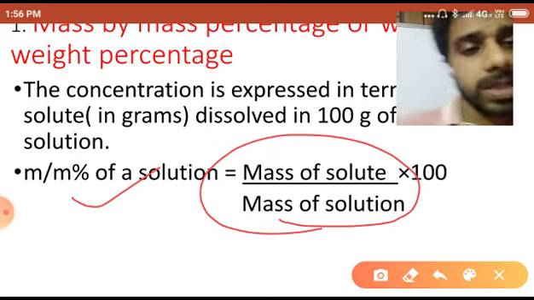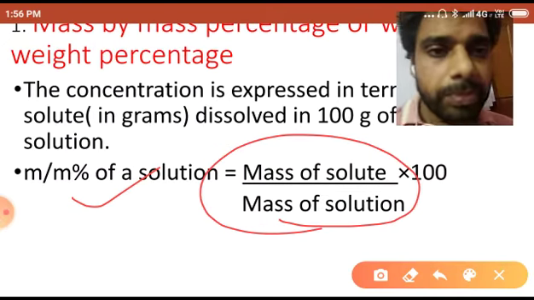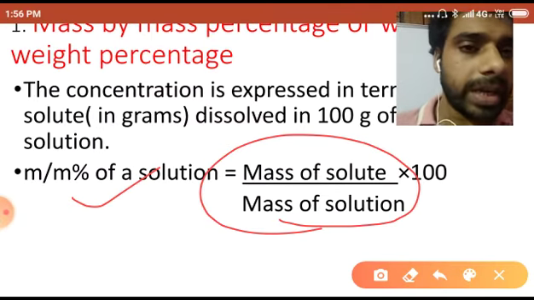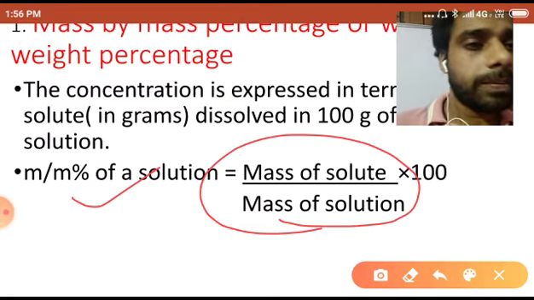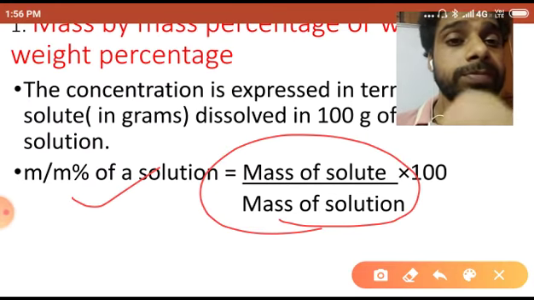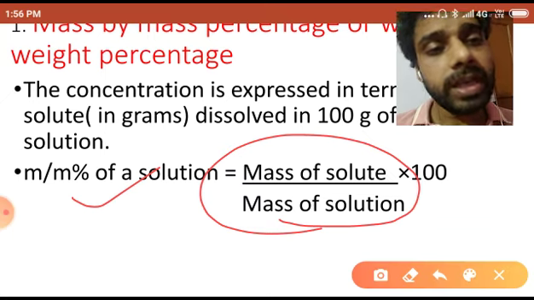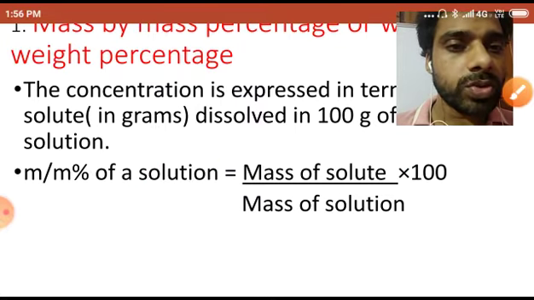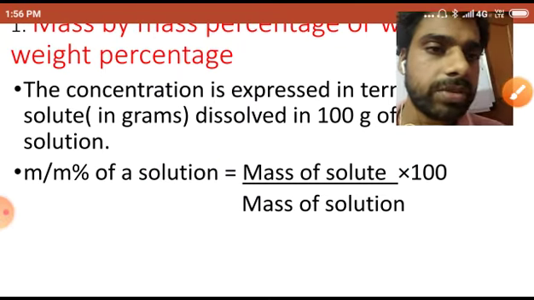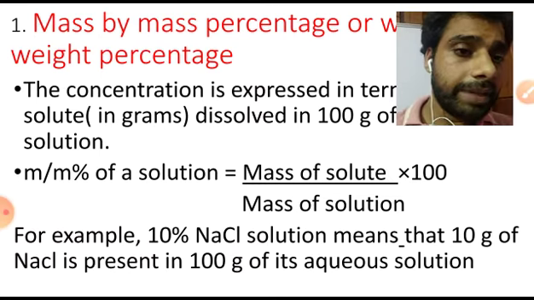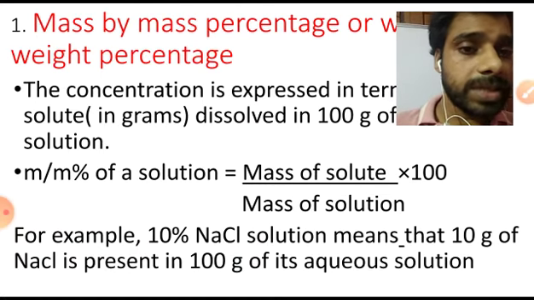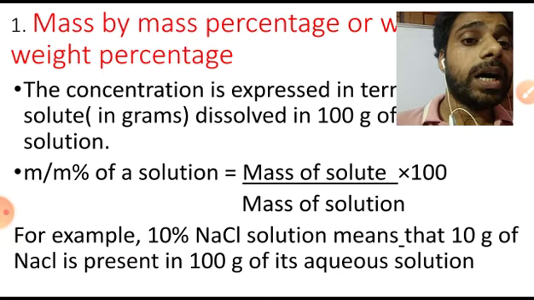Obviously I will take some questions on that basis, but today I have to complete all the ways of expressing concentration, then we will talk about the numerical also. So note down this formula. Here I have given 10% NaCl, that means 10 gram of NaCl is present in 100 gram of its aqueous solution, as written over there.